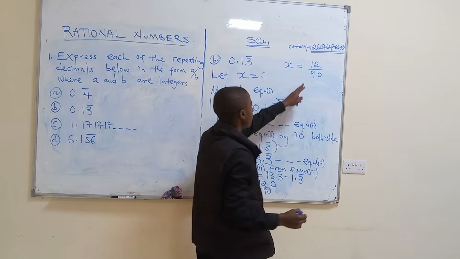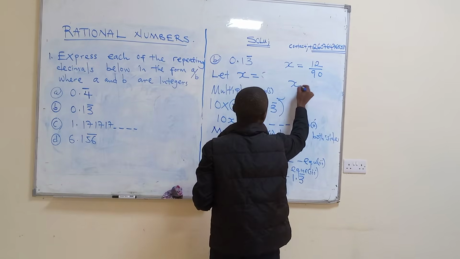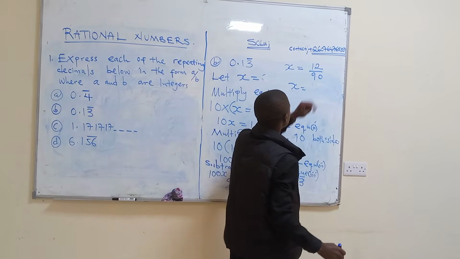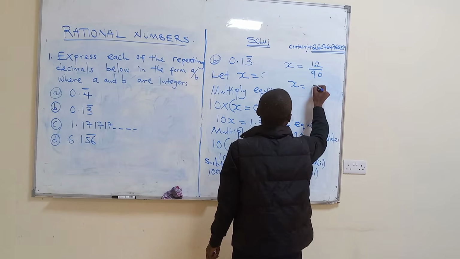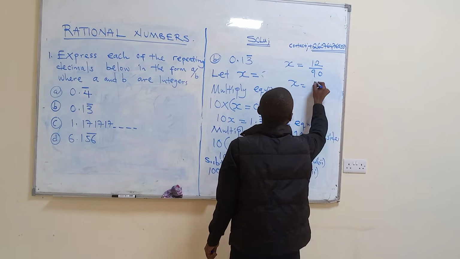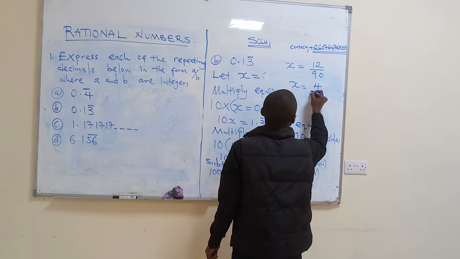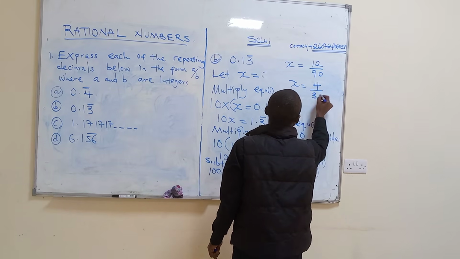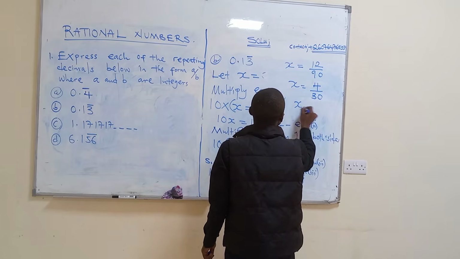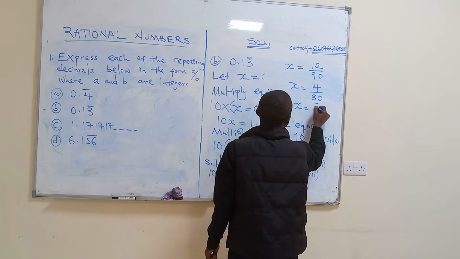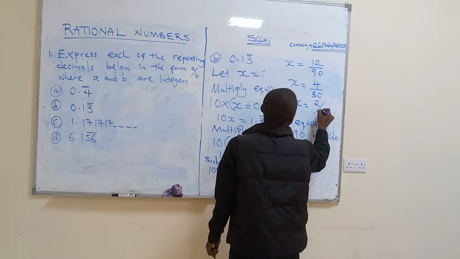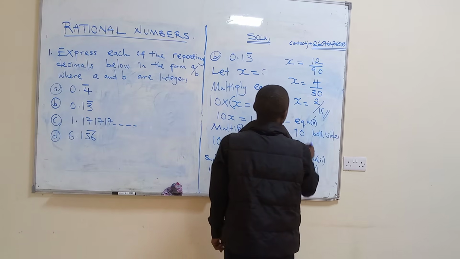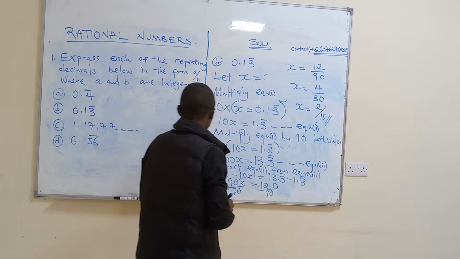But we can simplify this number. 3 into 12 is 4, 3 into 90 is 30. Also, 2 into 4 is 2, 2 into 30 is 15. So x equals 2 over 15. This is your final answer.